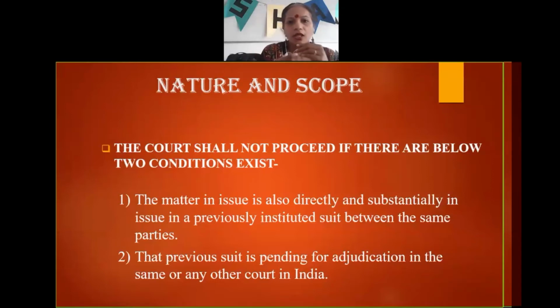The court shall not proceed. It means the court is restrained from proceeding further if these two conditions exist in a matter. First, the matter in issue is also directly and substantially in issue in a previously instituted suit between the same parties.